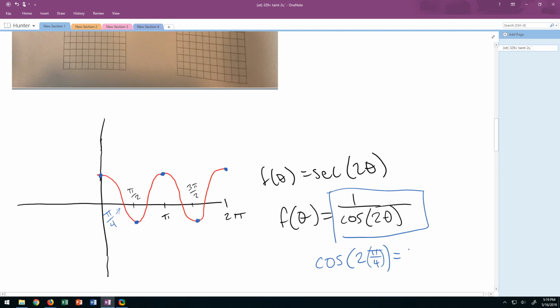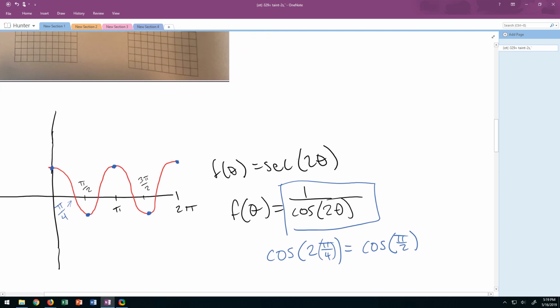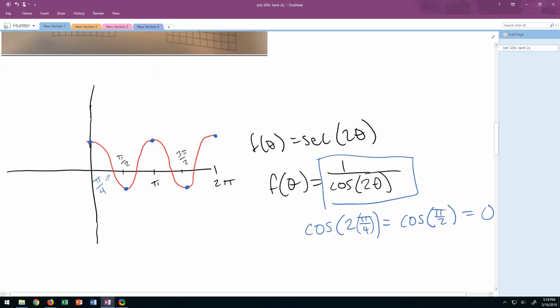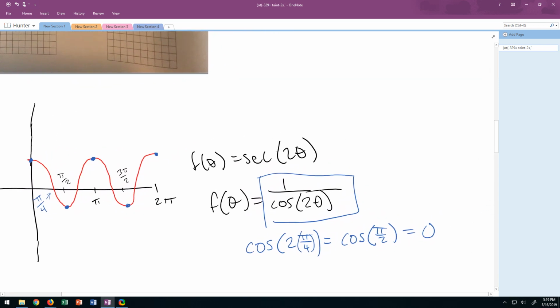Well, the cosine of 2 times pi over 4 is equal to the cosine of pi halves, and the cosine of pi halves is 0. Now, if I put this into there, I'm going to get that the secant of 2 times pi over 4 is going to be equal to 1 over 0.